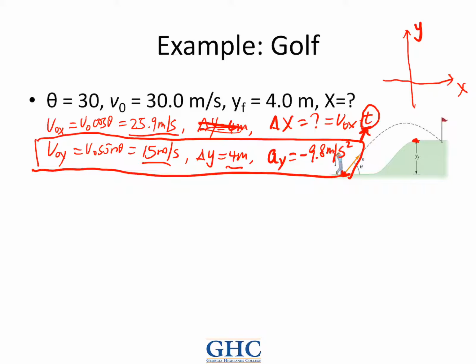With initial velocity, displacement and acceleration, to solve for t, which equation are we going to use? It's the same, so we need to use this equation again: y equals v0y t plus 1/2 a t squared.